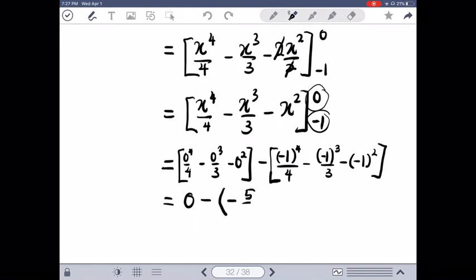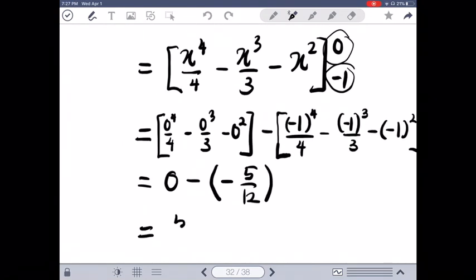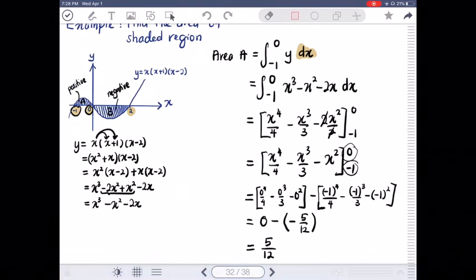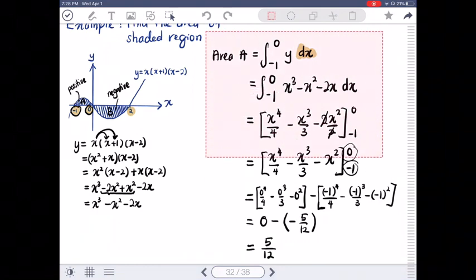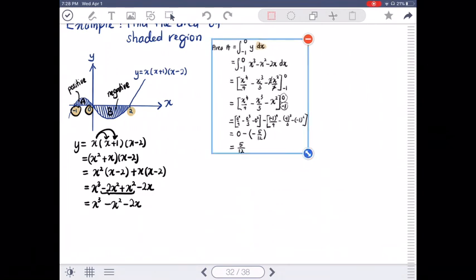So this will be negative 5 over 12. Final answer should be 5 over 12 for area A. And next, as expected, area A will be positive. So yes.